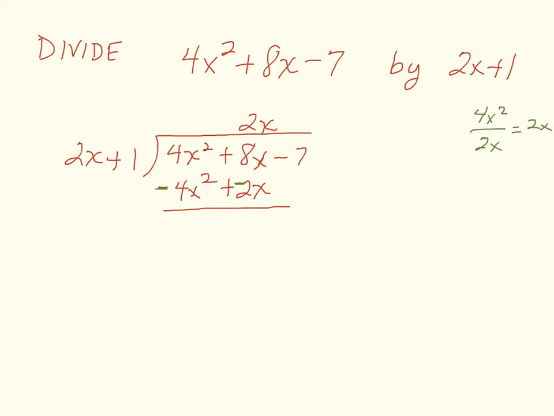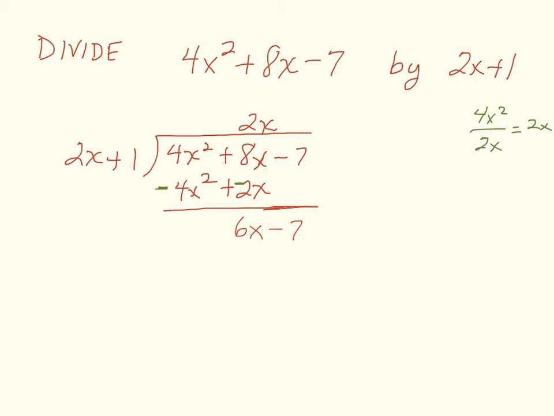And now I can combine these two separate lines. 8x minus 2x, 6x. 4x squared minus 4x squared, that's 0. So we don't write 0. Now the next step is to bring down the negative 7.